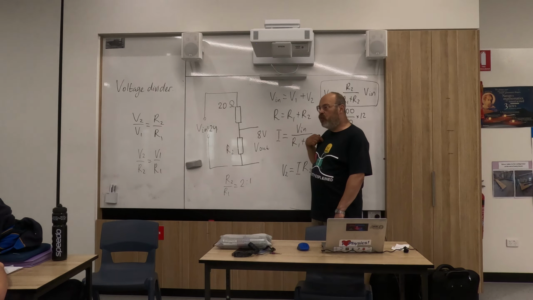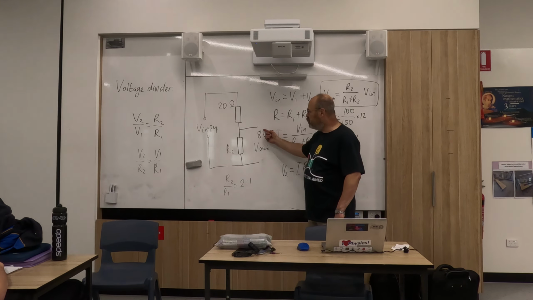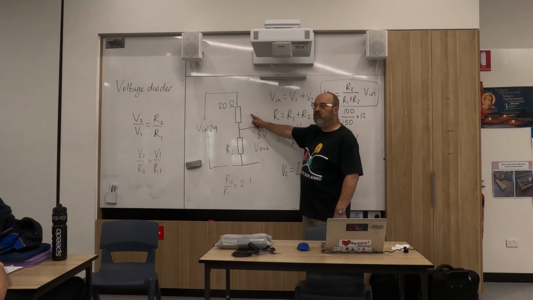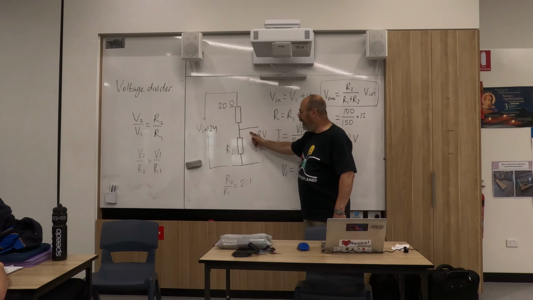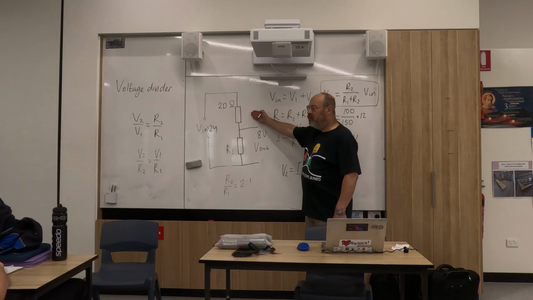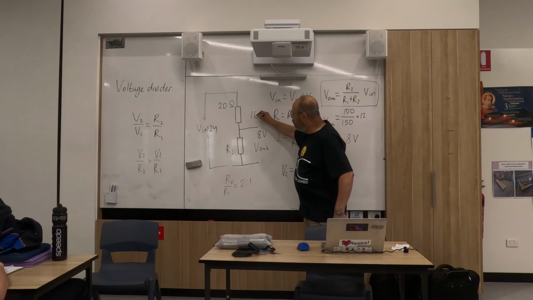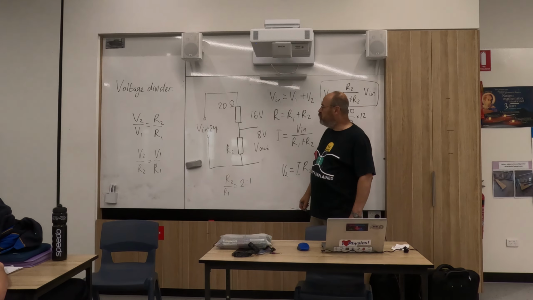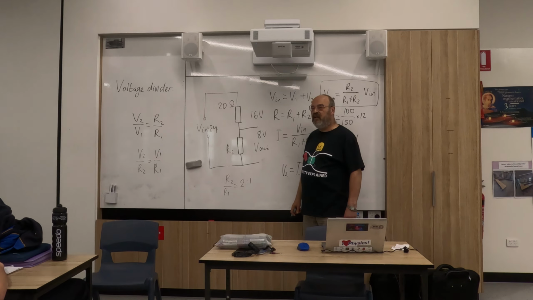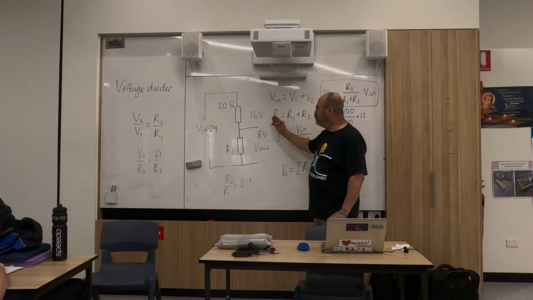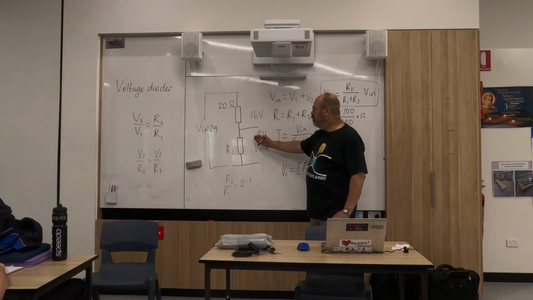So now we know the voltages. If it's 8 volts across this resistor, what is the voltage across this resistor? Total 24, 8 volts across this. What's left for this? 16 volts. So the ratio of the voltages is 2 to 1.